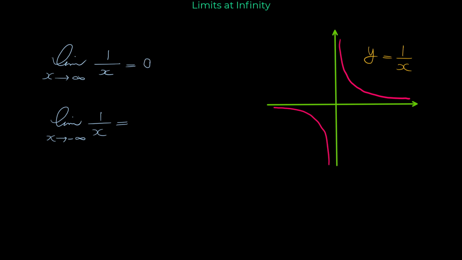When x approaches negative infinity, in the same way, you can substitute large but negative numbers like negative 1000, negative 1 million, negative 1 billion and so on. For example, if you substitute negative 1 million here, 1 over this would be negative 0.000001, which obviously is a very small number.